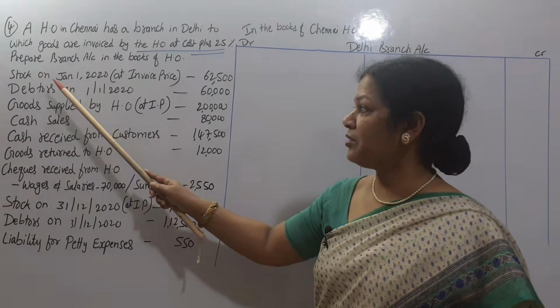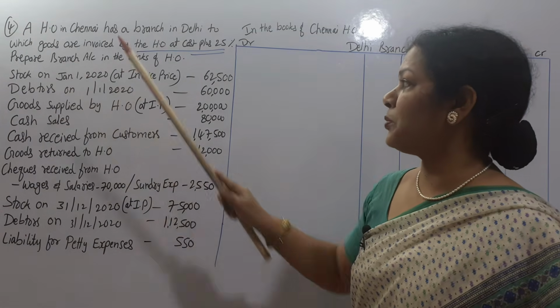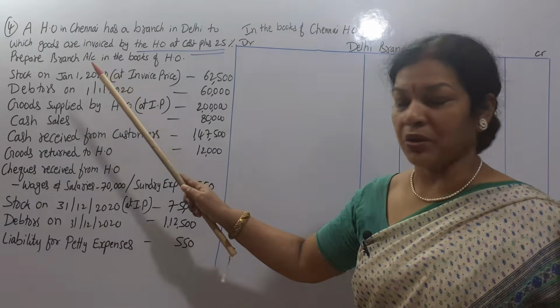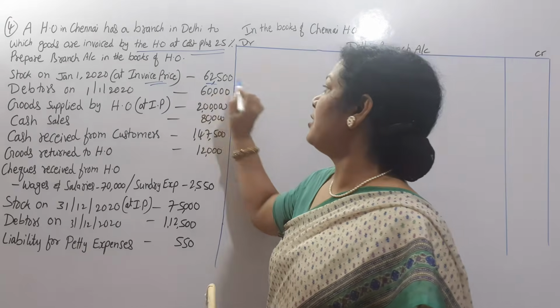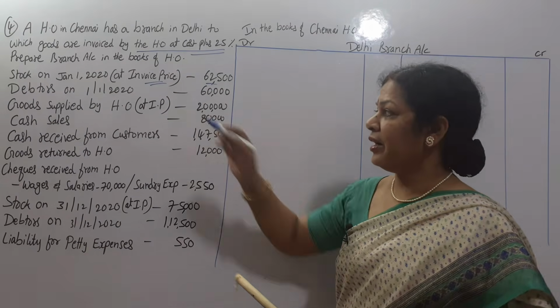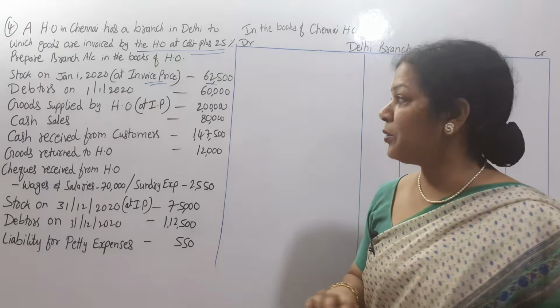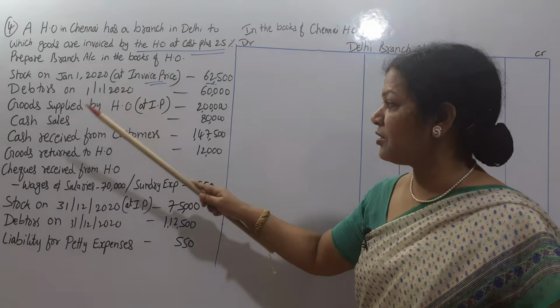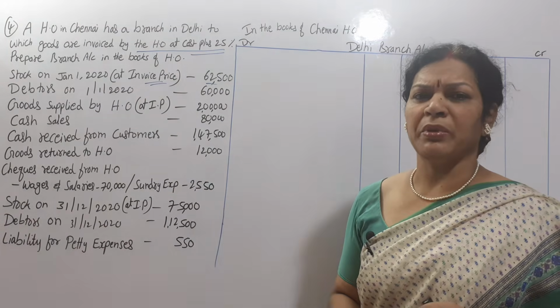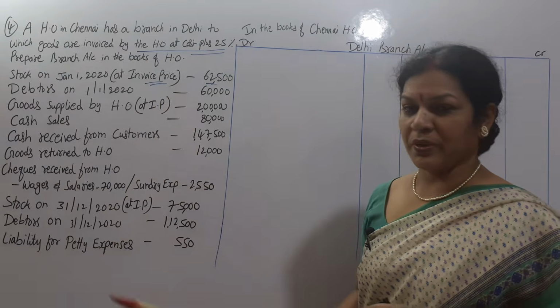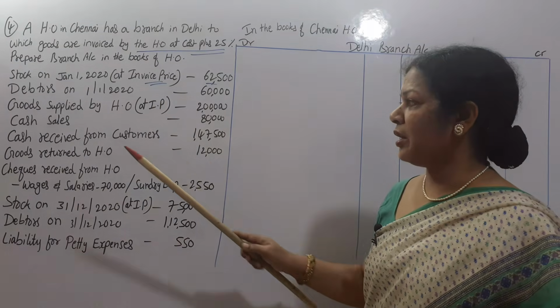What is given to us? Stock on January 1st 2020, means opening stock, at invoice price, 62,500. And debtors on 1/1/2020, means opening debtors. Goods supplied by head office, this is also at invoice price, that's 2 lakh.